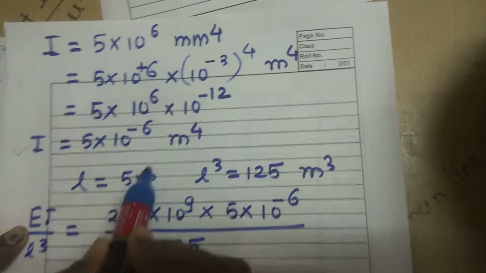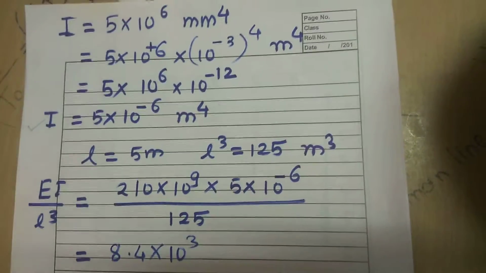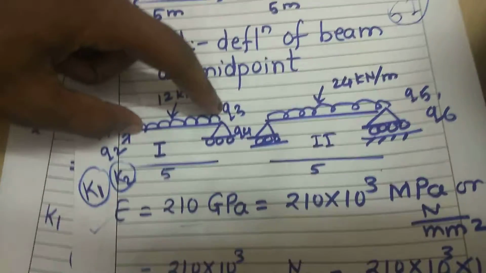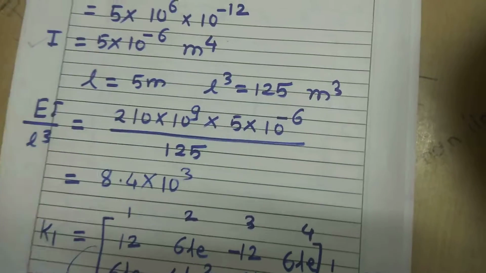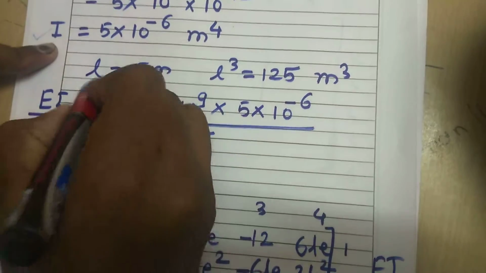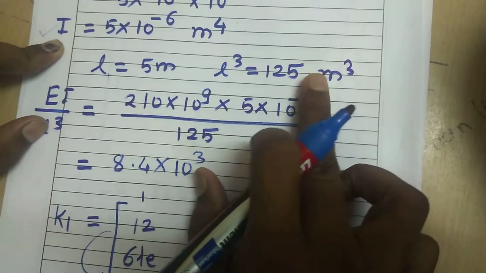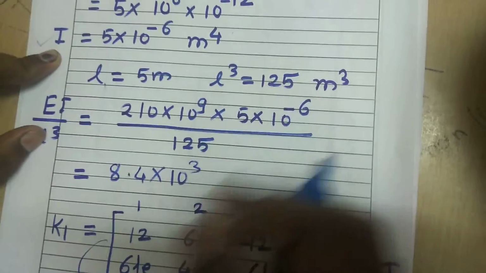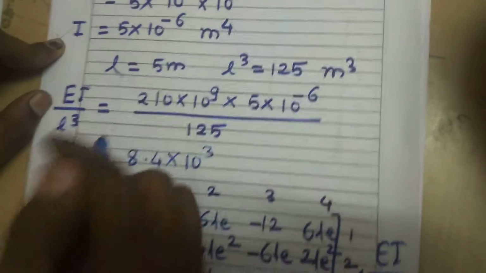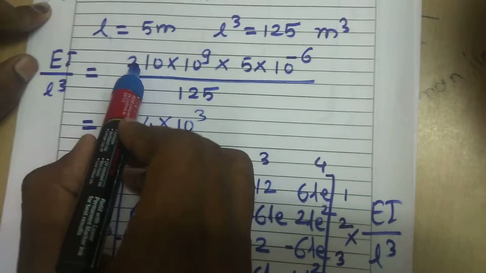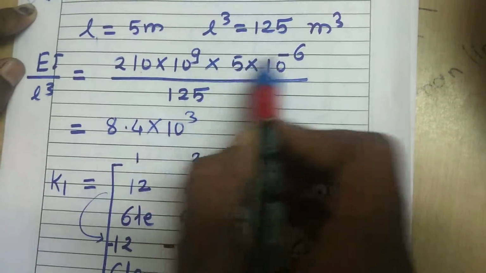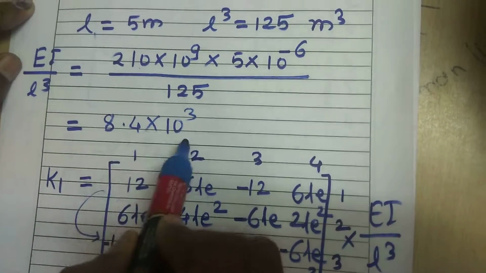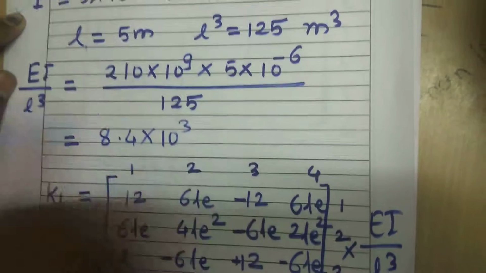Then L, the length of the beam: we are considering element 1, and its length is 5 meter, so L1 is 5 meter. Then L cube will be 125. Putting in the formula, EI by L cube is equal to 210 into 10 to the power 9 into 5 by 125, which will be 8.4 into 10 to the power 3.